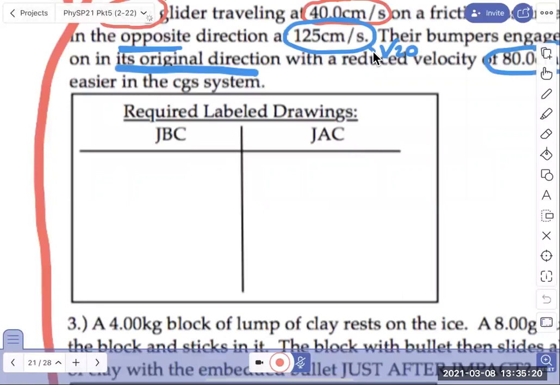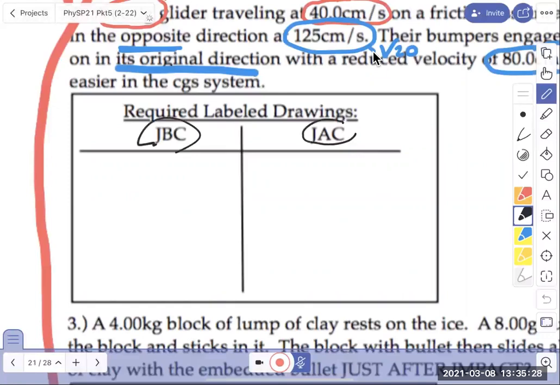Here on this one, we start off with a fairly simple one, but JBC means just before collision. JAC, just after collision. So I mean the microsecond before, all right? So JBC, let's draw it here.